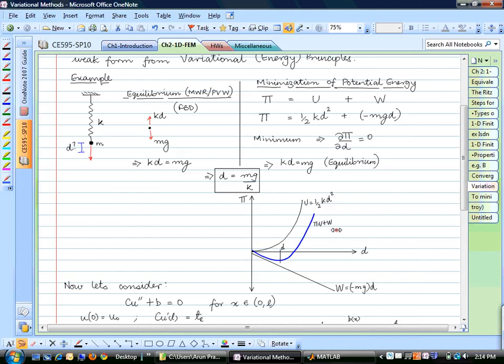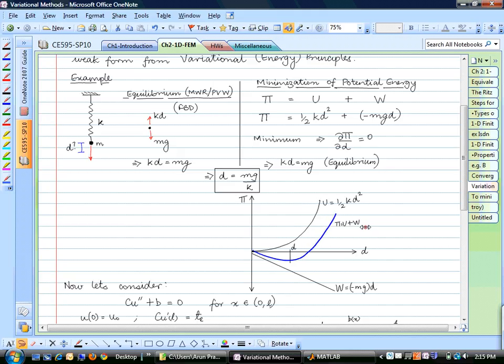If the spring is stiffer, then the potential energy of that spring is going to increase faster. And what that means is that d, the equilibrium point, will be smaller than the one before. Originally our displacement was here, but if the spring is stiffer, then it displaces less.